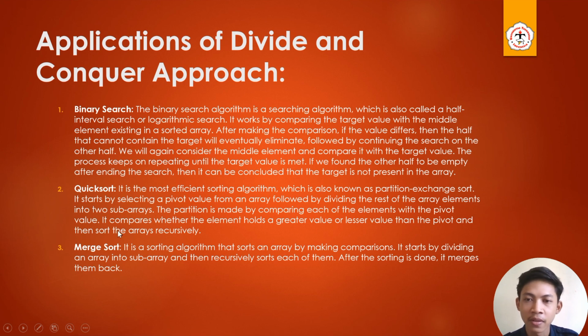It compares whether the element holds a greater or lesser value than the pivot, and then sorts the array recursively. 3. Merge sort. It is a sorting algorithm that sorts an array by making comparisons. It starts by dividing an array into sub-arrays and recursively sorting each of them. After the sorting is done, it merges them back.